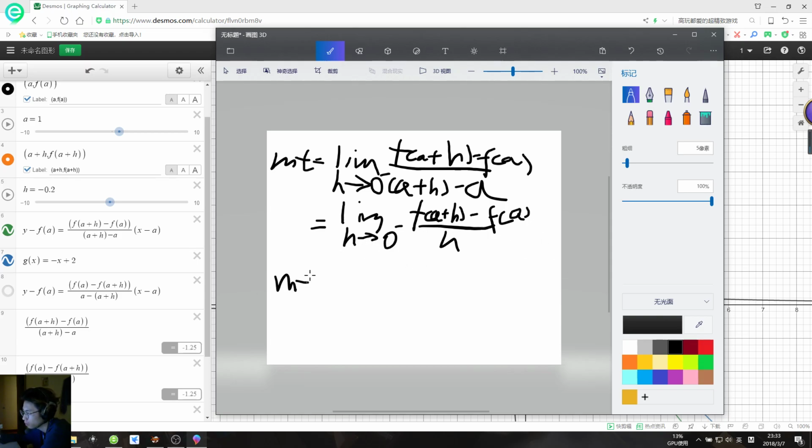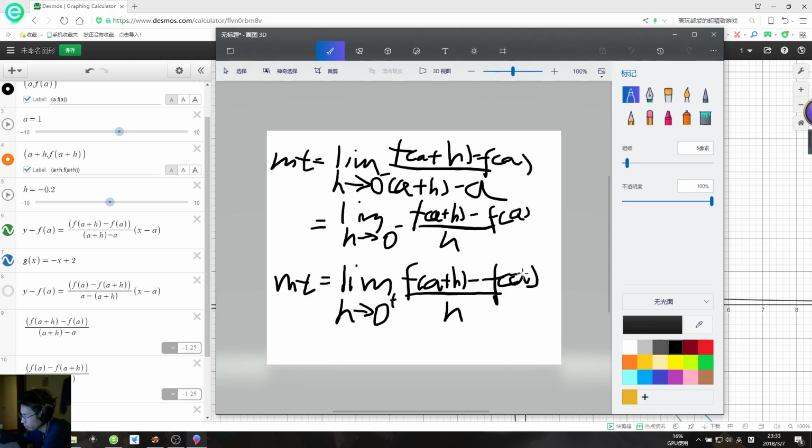So m_t also equals the limit as h approaches 0 from the following interval of f at a plus h minus f at a, divided by h. So this is the formula for calculating the slope of the tangent.